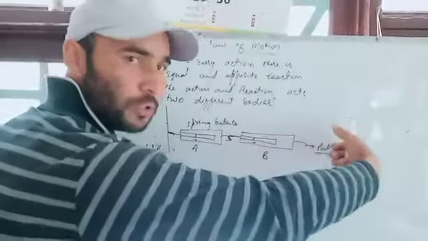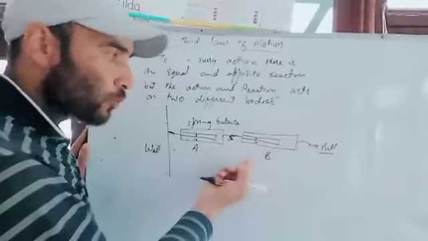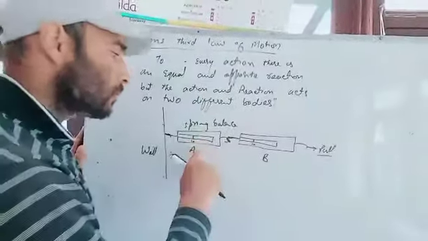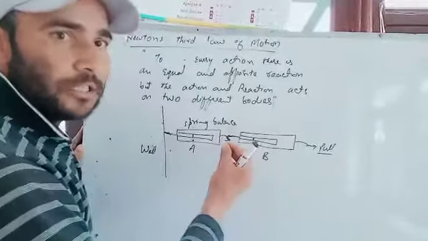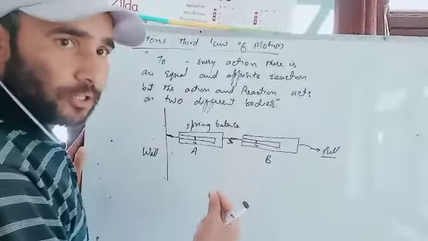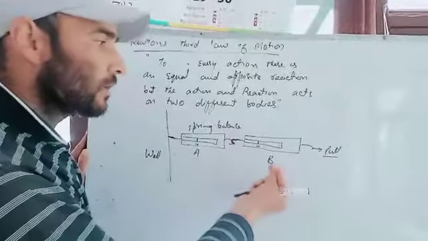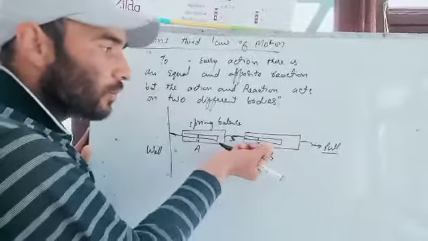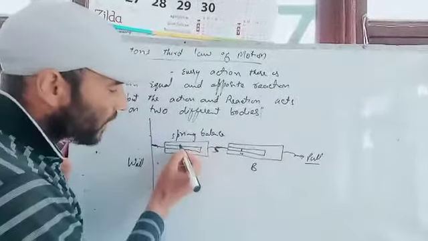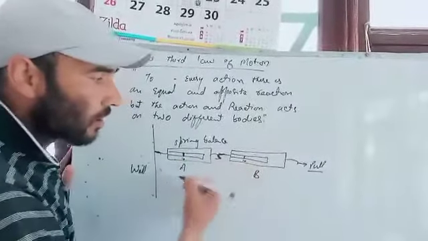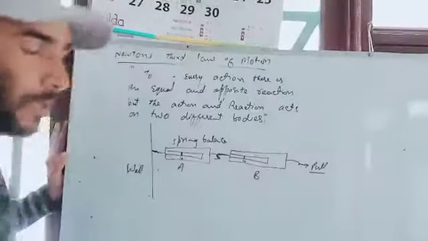I applied force on spring balance B, and spring balance B applied force on spring balance A. That is, to every action there is an equal and opposite reaction, so the reading on both balances is the same. I will quote more examples here.